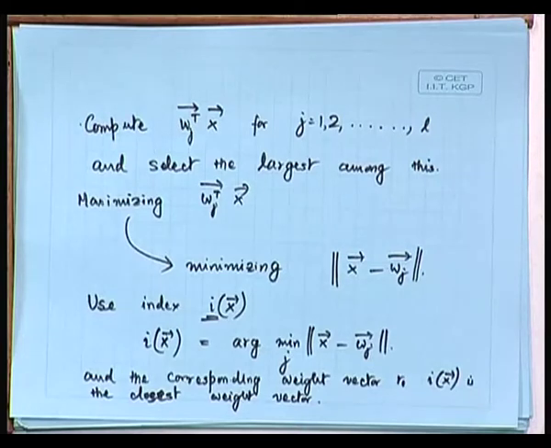The input x vector is in a continuous m-dimensional space, but we are mapping it into a discrete space of L outputs, and it finds the best match. So, we are doing a process of approximation from the continuous space to the discrete space.